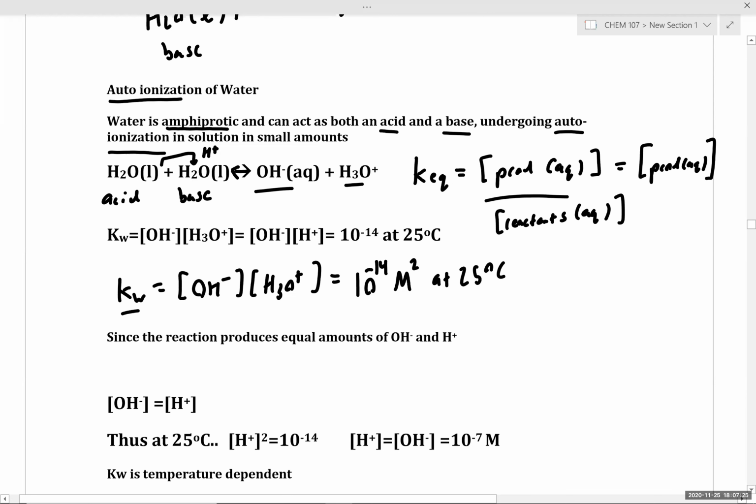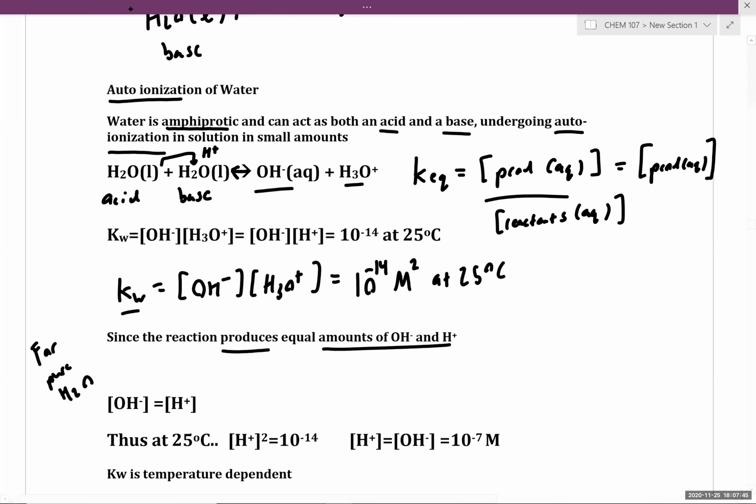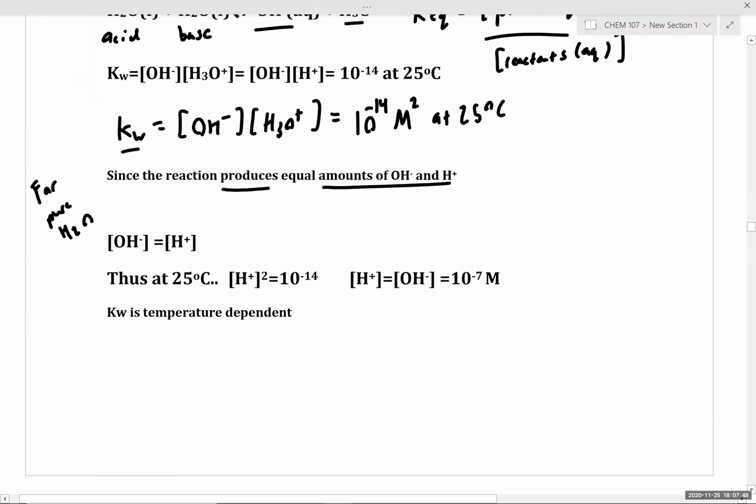Now, we can take this one step further. For pure water, we see in this equation that the reaction produces an equal amount of hydroxide and hydronium ion. So the concentration of hydroxide and hydronium are equal. Thus, at 25 degrees Celsius, we can rewrite Kw, which is equal to 10 to the negative 14th molar squared, as the concentration of hydronium times the concentration of hydronium.